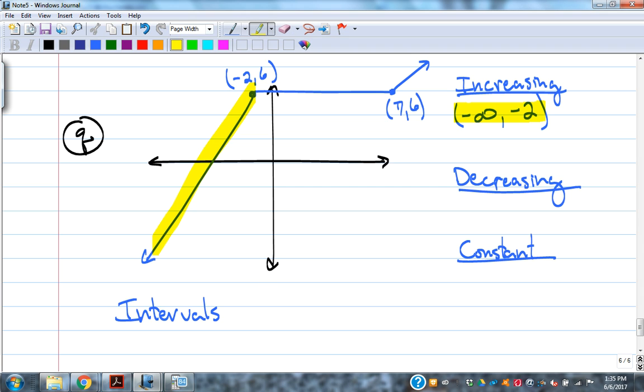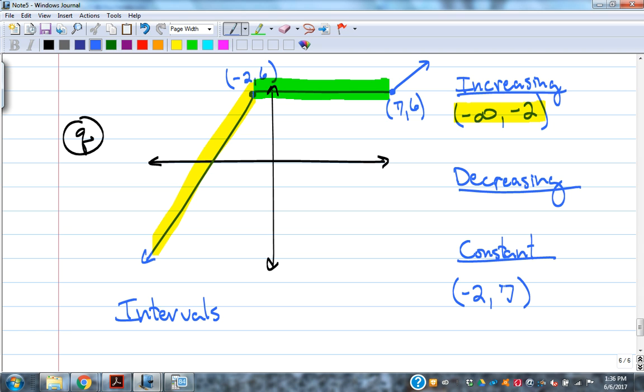What's going on with this piece? Is that still increasing? No, it's flat, isn't it? It's constant. It's constantly the same level. So it's level and flat. So that would be a constant interval. What would the interval be for that? Up to 7.